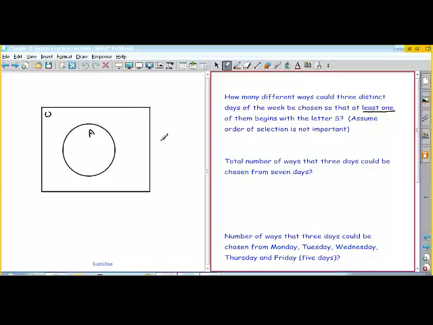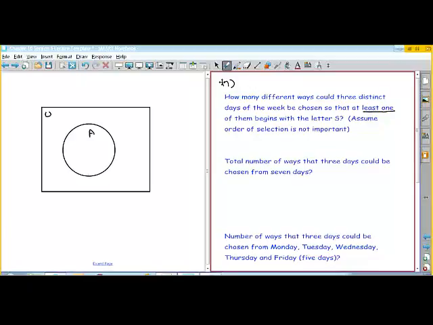So the question they ask is, how many different ways could 3 distinct days of the week be chosen so that at least one of them begins with the letter S, assuming the order of selection is not important? So if order is not important, is that going to be a combination or a permutation? Combination. Order is not important for combinations.